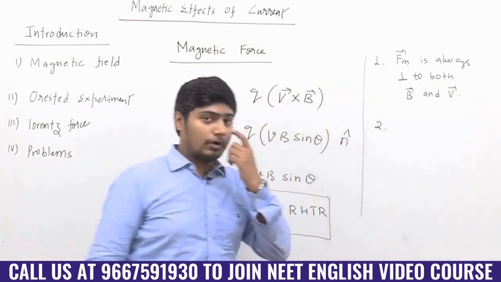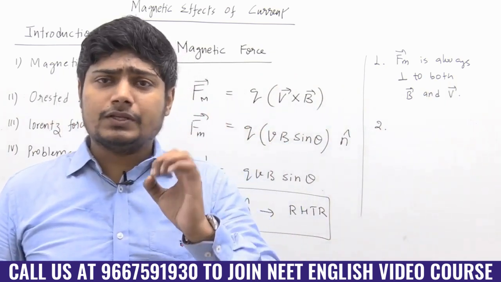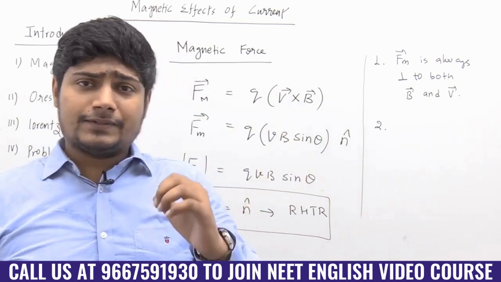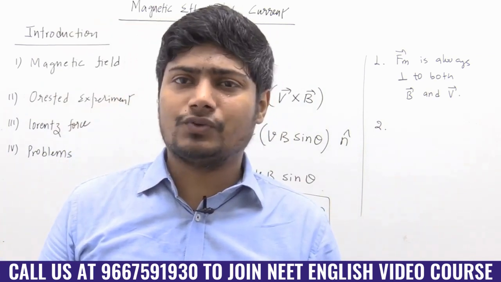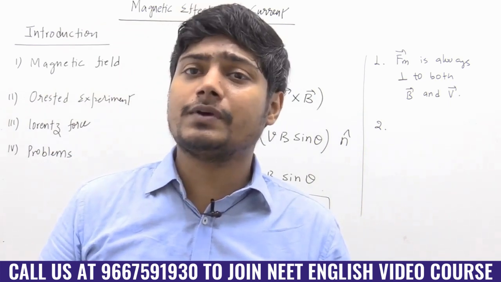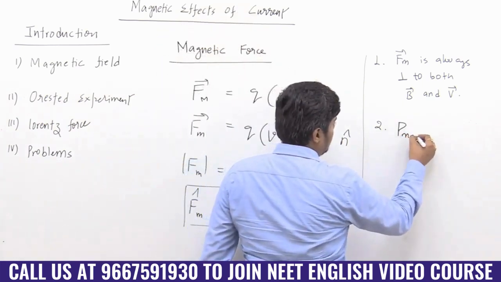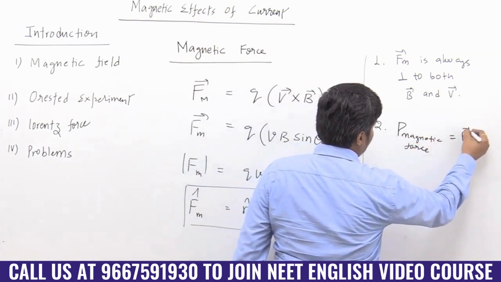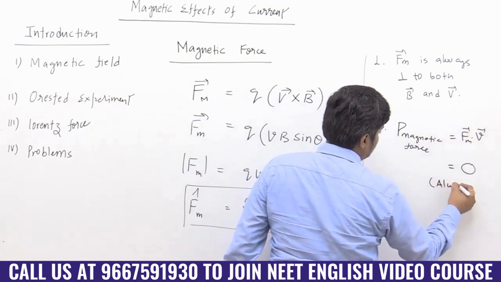Now, the second important thing: the magnetic force is always perpendicular to velocity and field. If the force is always perpendicular to velocity, we can say that the power delivered by the force is zero, because the formula for power delivered is F dot V. So the power delivered by the magnetic force is equal to F magnetic dot V, which is always zero.